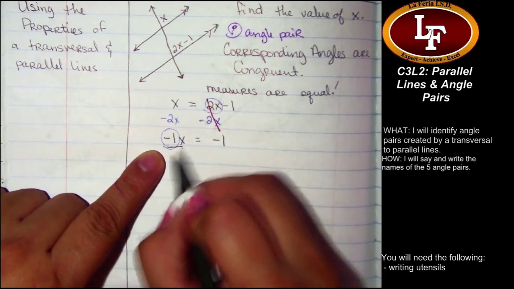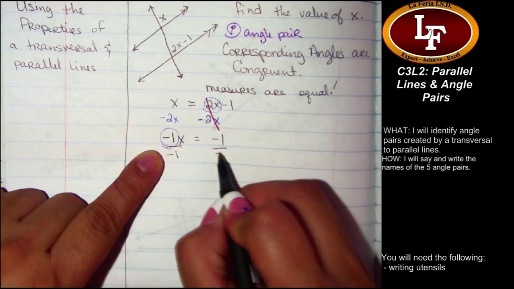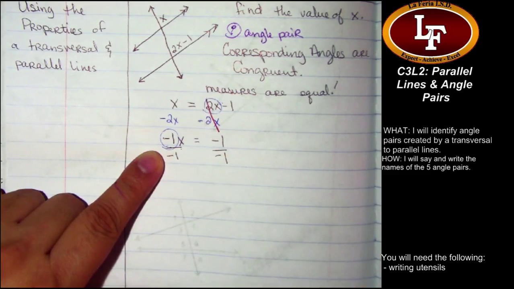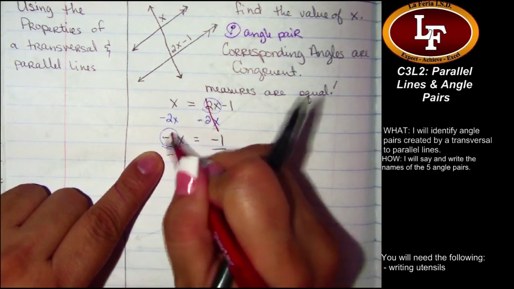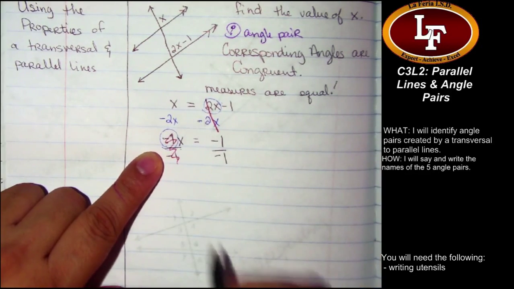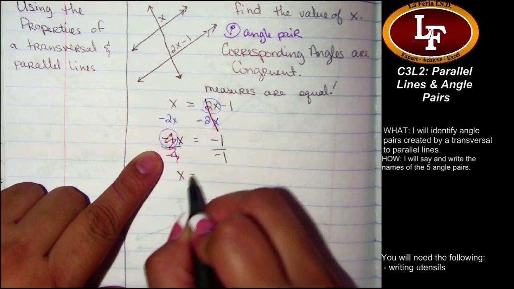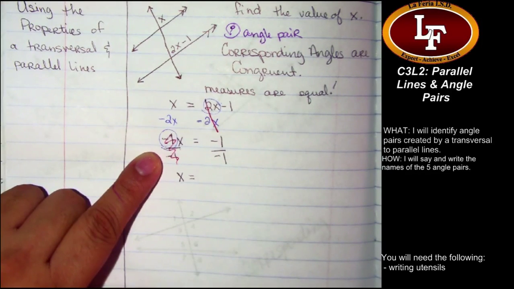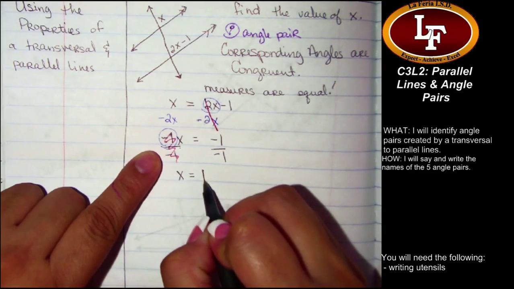So we're going to divide both sides by the negative 1 because that's what I want to get rid of. And so I'm left with x equals a negative divided by a negative, which is a positive, so this becomes a positive 1.